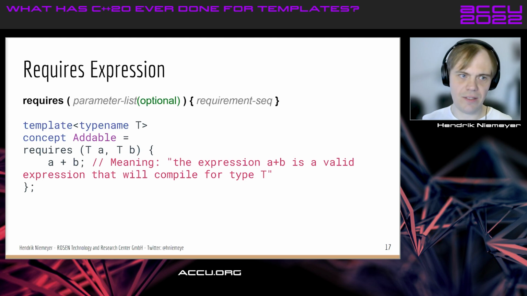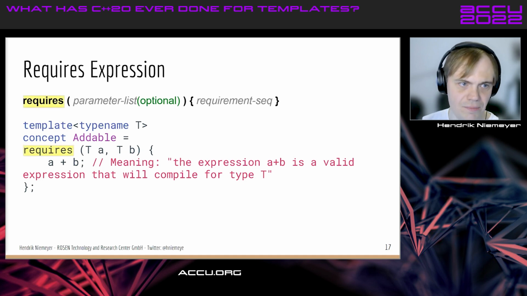So, to get to the bottom of that, I think an example is helpful. On this slide, we have an example for a so-called simple requirement. And a simple requirement is an arbitrary expression statement that does not start with the keyword requires and is checked whether the expression is valid. The expression is an unevaluated operand in the sense that only language correctness is checked.